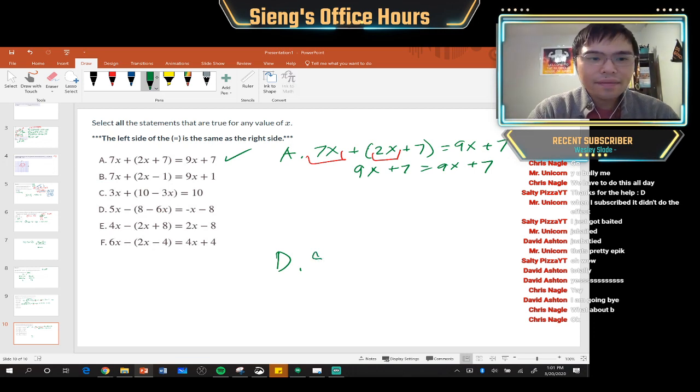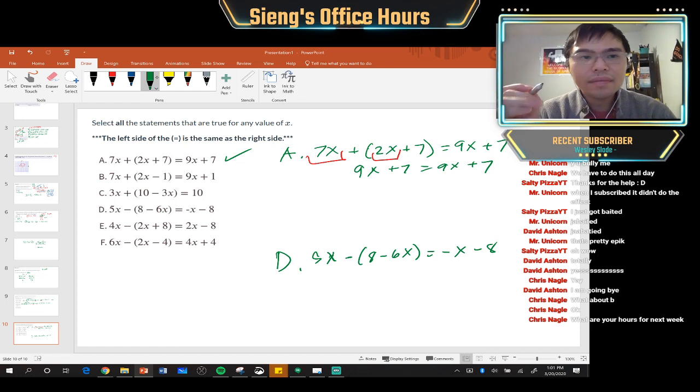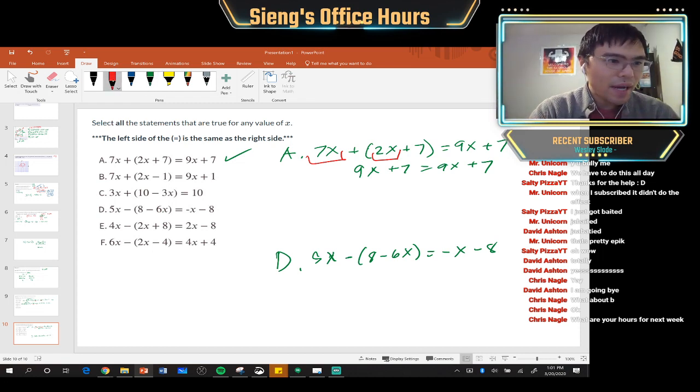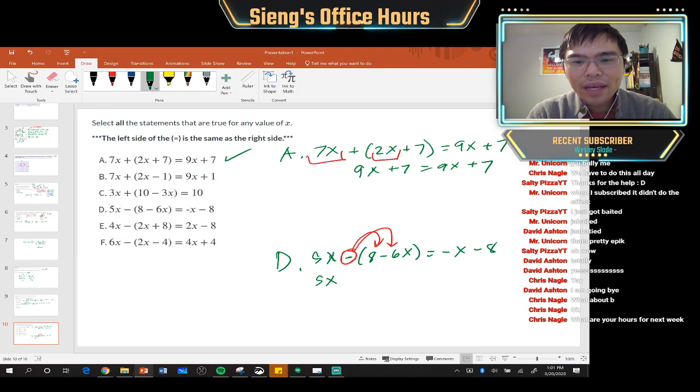D, I got 5x minus 8 minus 6x equals negative x minus 8. Okay, so you have this subtraction feature again. When I have that subtract outside that parentheses, I'm just going to put that inside each one of those terms, I call it. So that's 5x, doesn't change. But I put that negative in for that positive 8, that's going to give me minus 8.